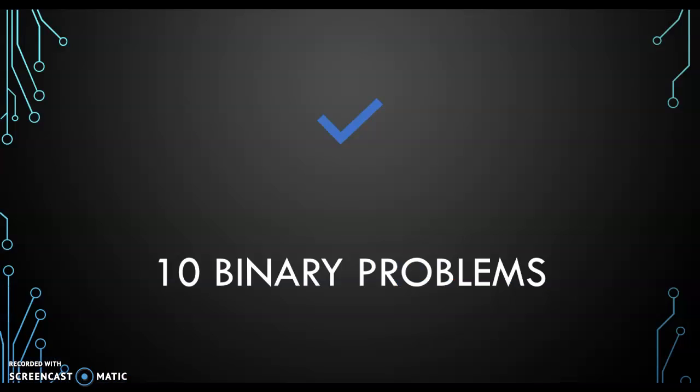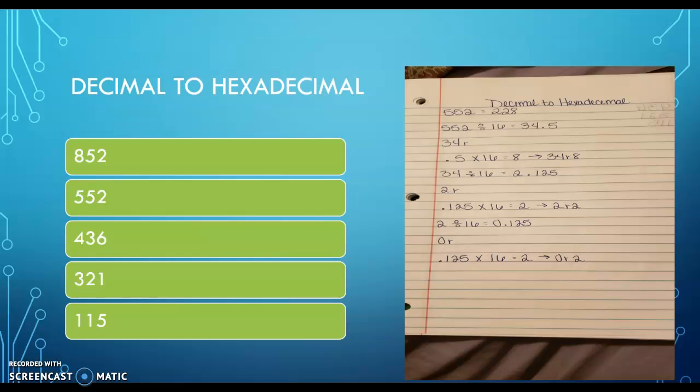First things first is our 10 binary problems. For the first five set of problems, I chose decimal to hexadecimal, and I also provided an example. Over here, I did one of our problems, which was 552.